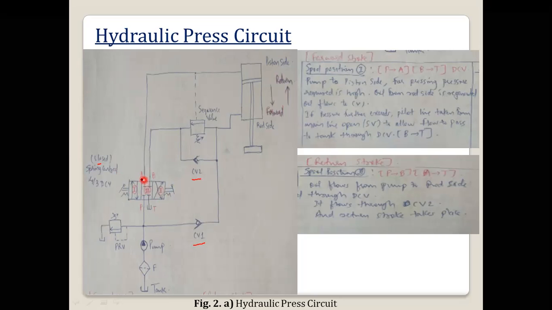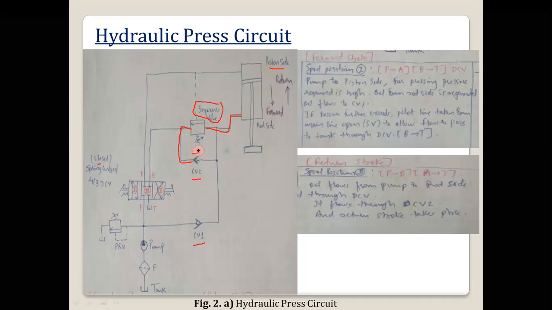Here we again have 4 ports: P, A, B and T. Port A is connected to the piston side. Port B is connected to the sequence valve. We are using one sequence valve here. The sequence valve inlet is connected to the rod side, and the sequence valve outlet is connected to check valve 2.